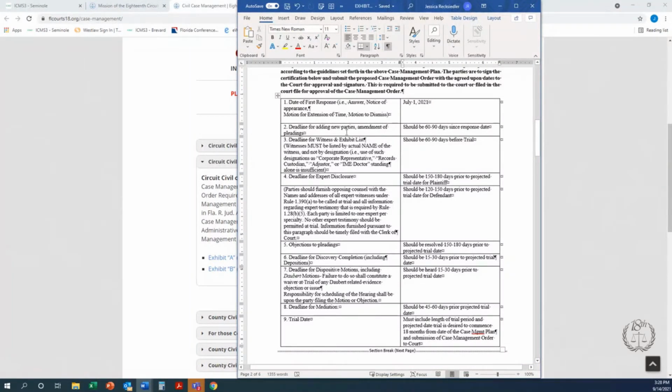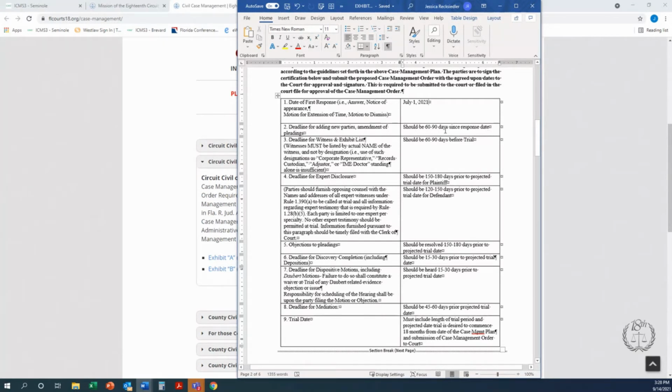Deadlines for adding new parties or amendments of pleadings. Each of these timeframes indicated in here are suggested timeframes based upon when the trial is to take place, based upon our designations and requirements put forth from the Supreme Court of Florida, that a general case is to be 18 months essentially from the date of the filing, whereas the streamlined case is to be approximately 12 months.